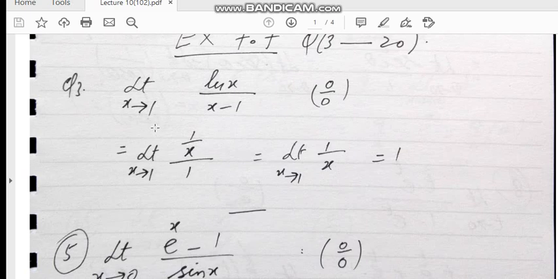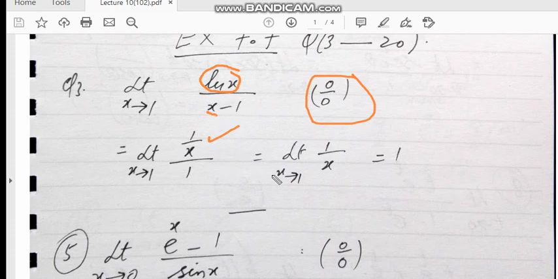If you observe this question, limit when x approaches 1 of natural log of x over x minus 1. If we directly apply the limit, log of 1 will be equal to 0 and 1 minus 1 will be equal to 0. So this question is of 0 over 0 form. So we apply L'Hopital rule on this type of question, that is derivative of numerator, derivative of log x will be 1 over x, and derivative of denominator, derivative of x will be 1 and that of 1 will be 0.